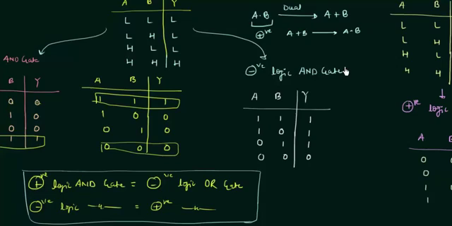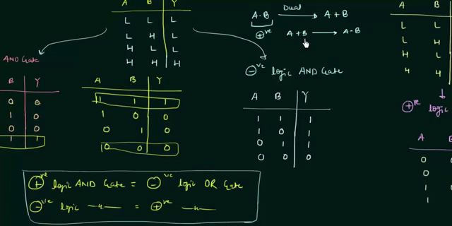If you remember the complement, in that case also we replaced the OR operator with AND and AND with OR, but we also complemented the variables. In the case of dual, we don't have to complement the variables. We have to keep the variables as they are. If I have A, then after taking the dual form, I have A, not A complement.